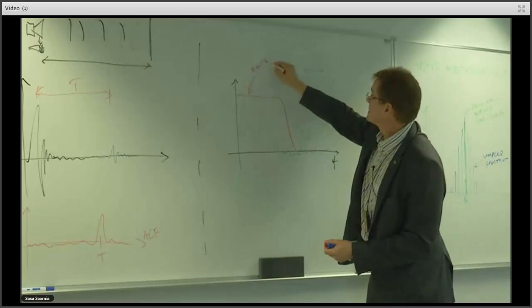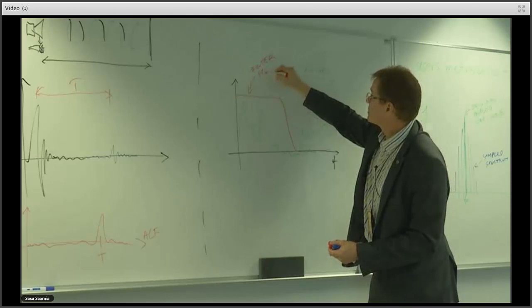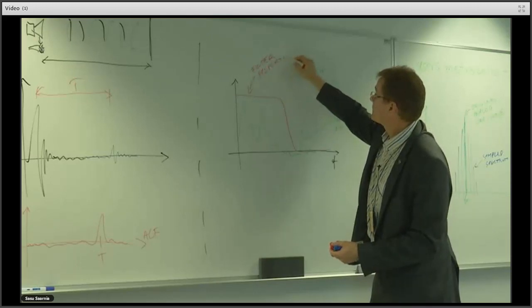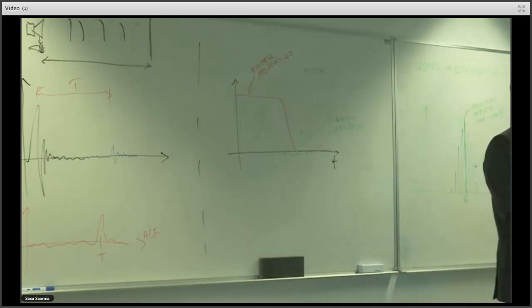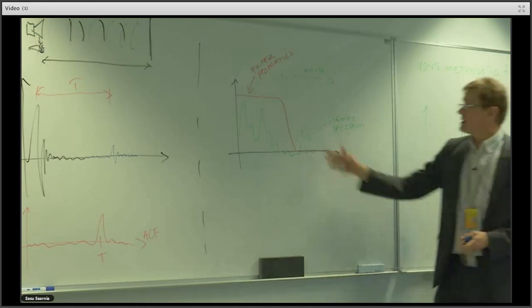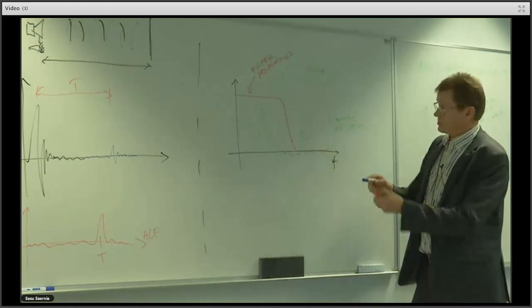So this is the filter, we'll just call it properties. Multiplication with those in Fourier space, in frequency space, will produce the spectrum you want from the signal.